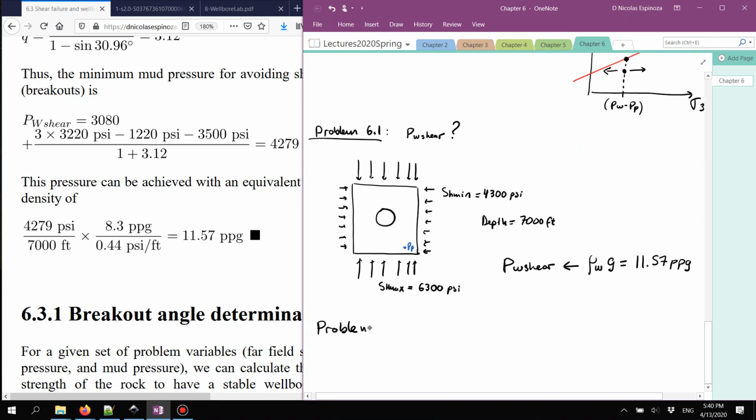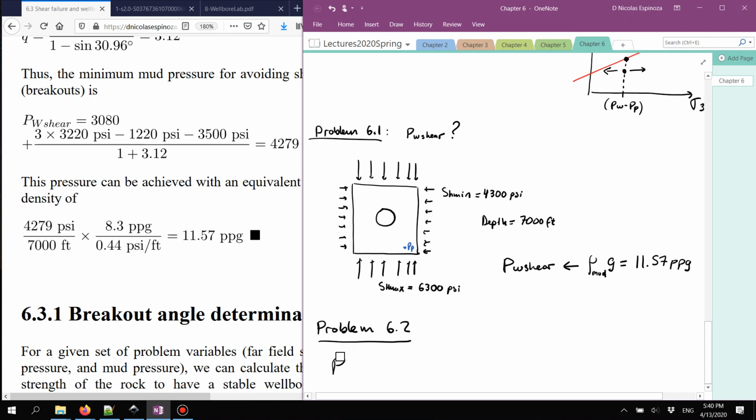So if I were to drill with a lower mud weight, I would expect the breakouts to be more than just a tiny point, but to have some angle. And that's what I'm doing in this case. Let me erase this. This is actually the density of the mud.